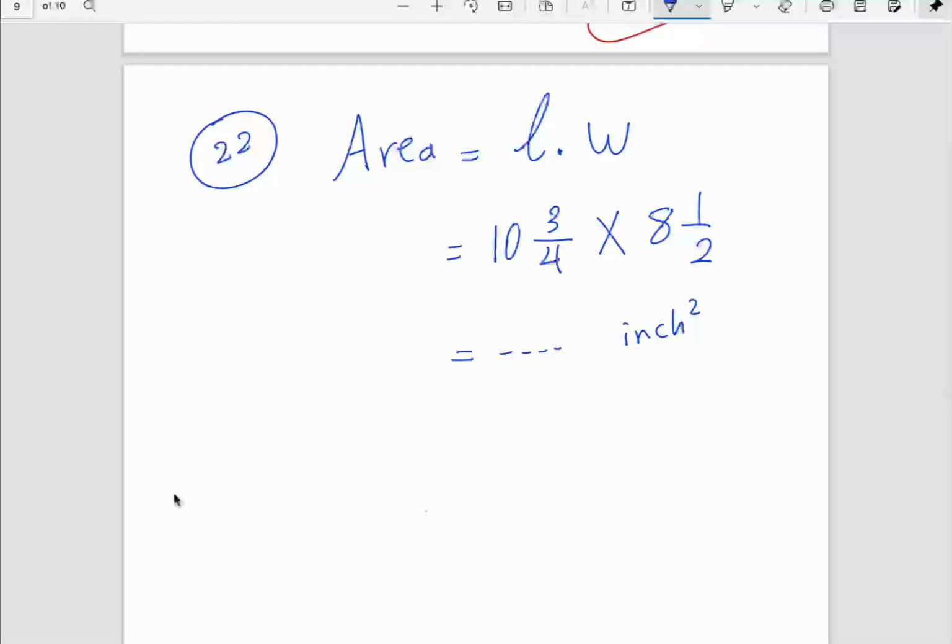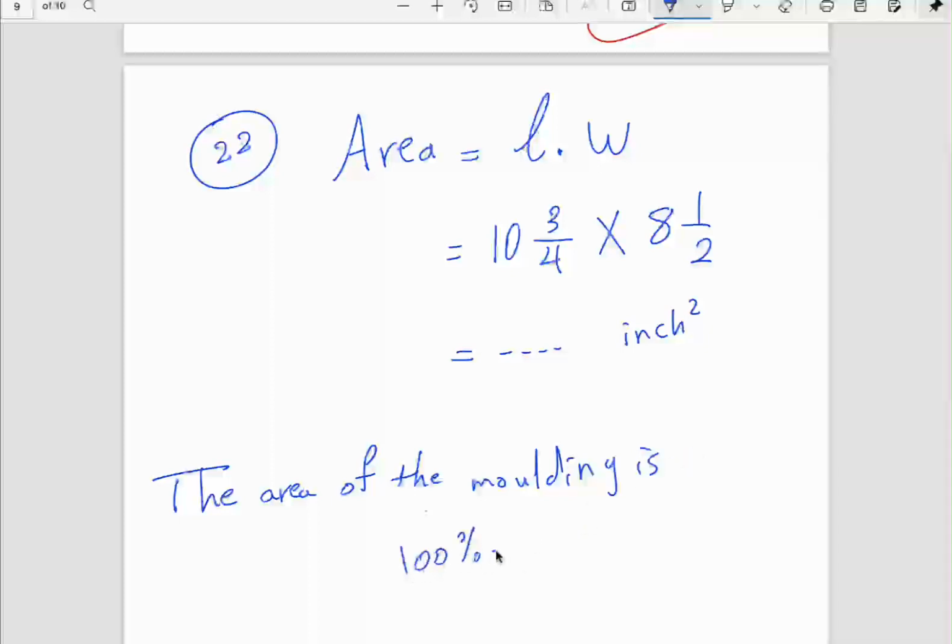because the area of the molding is 100% minus 80% equals 20%.